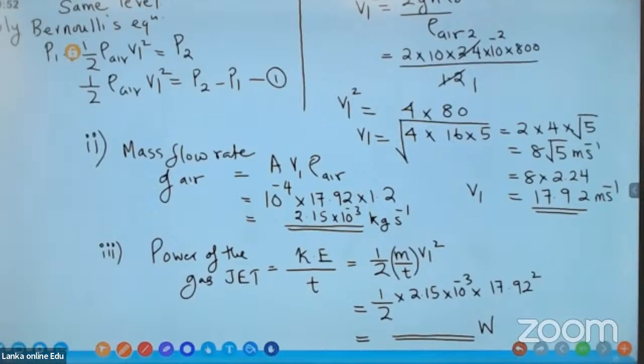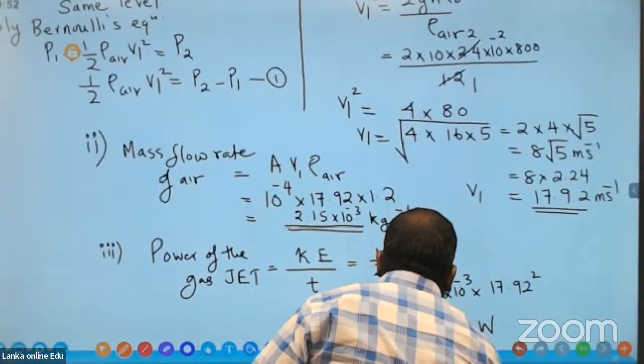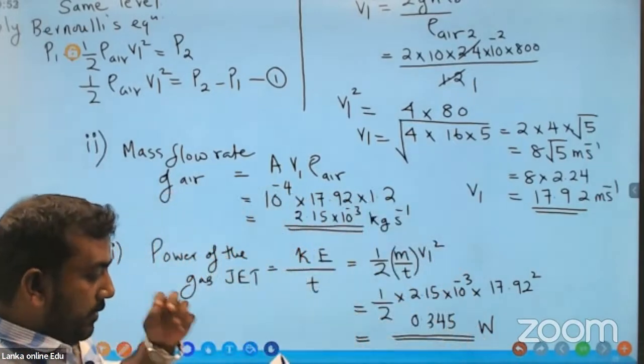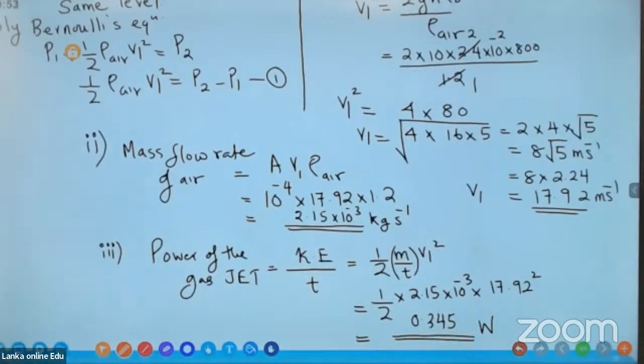Simplify this, and you get 0.345 watt. There you go.